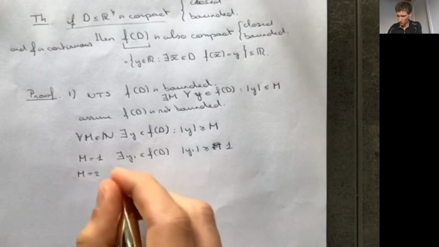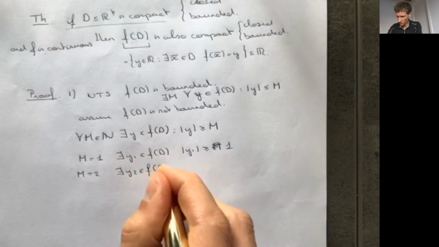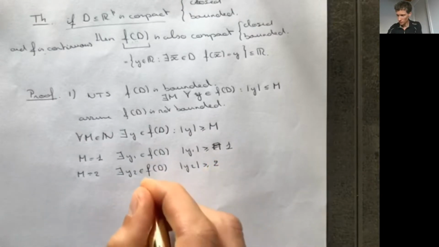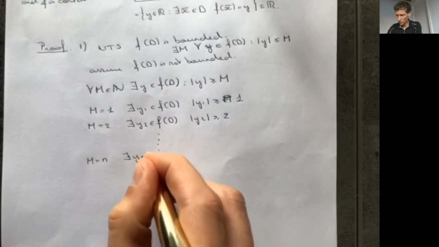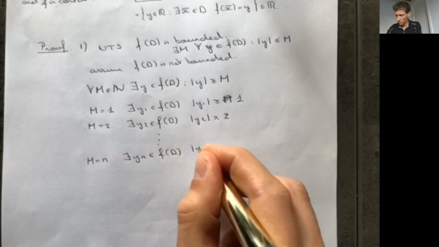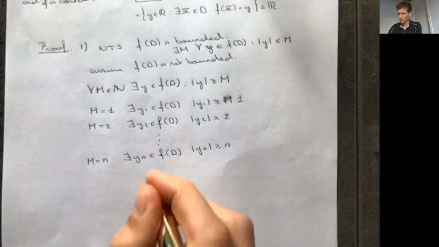If m is equal to 2, then there exists a y2 in f of D such that the absolute value of y2 is greater or equal to 2, and so on. In general, if m is equal to n, then there exists a yn in the range of f such that the absolute value of yn is greater or equal to n.